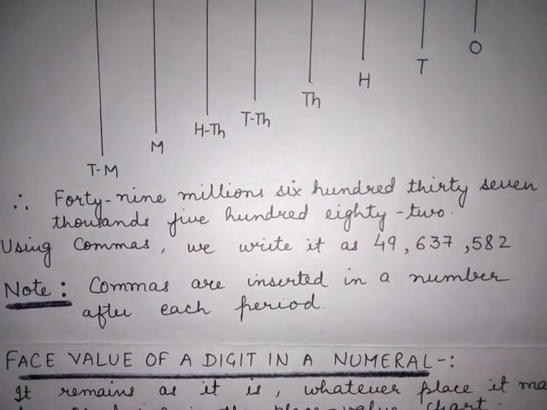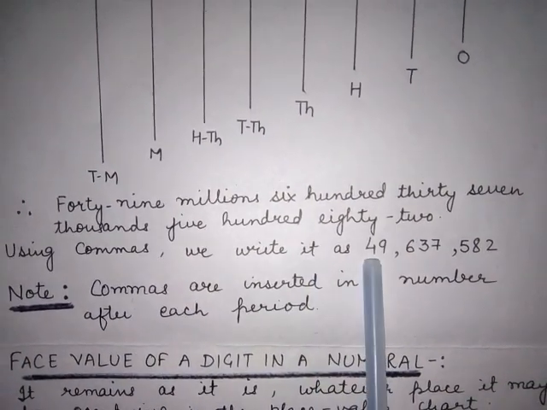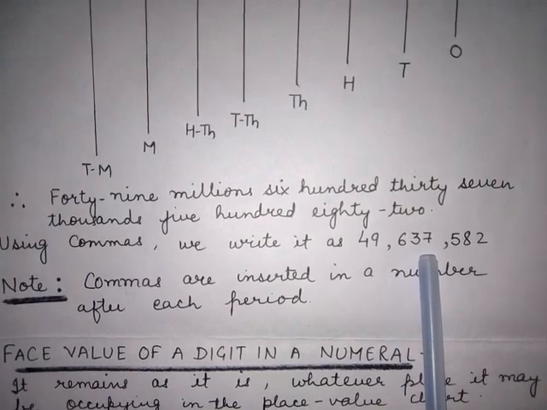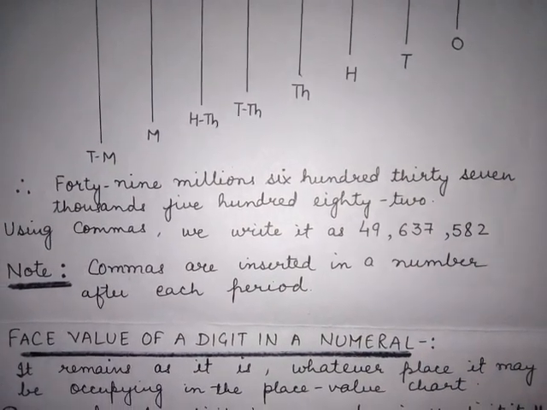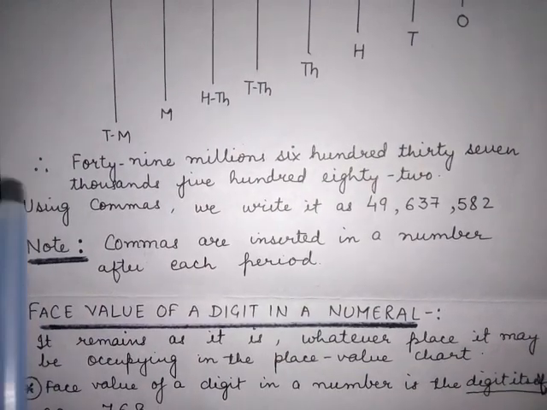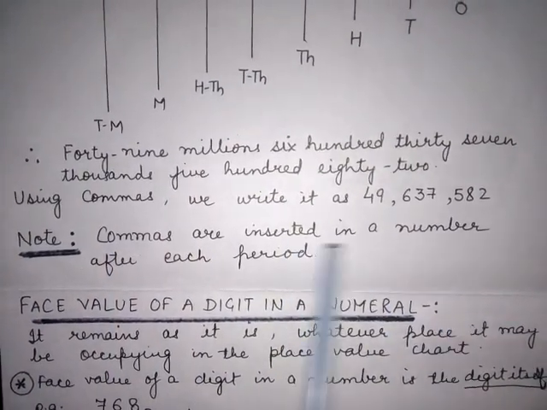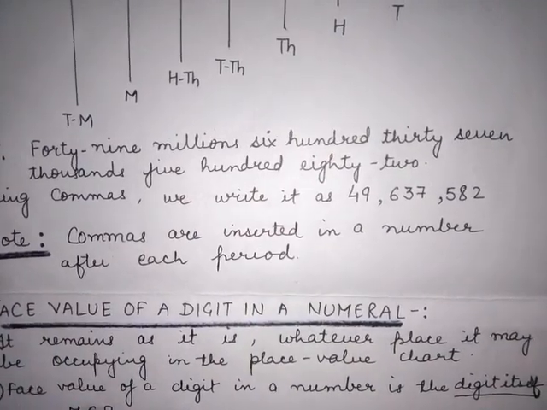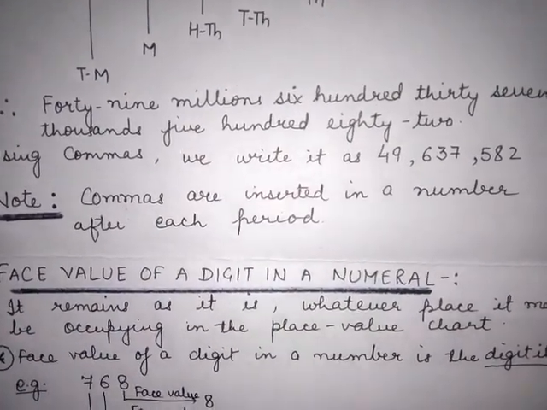And by using commas, we write it as 49,637,582. Again, there is a note that commas are inserted in a number after each period. Students, you have to keep this in your mind.